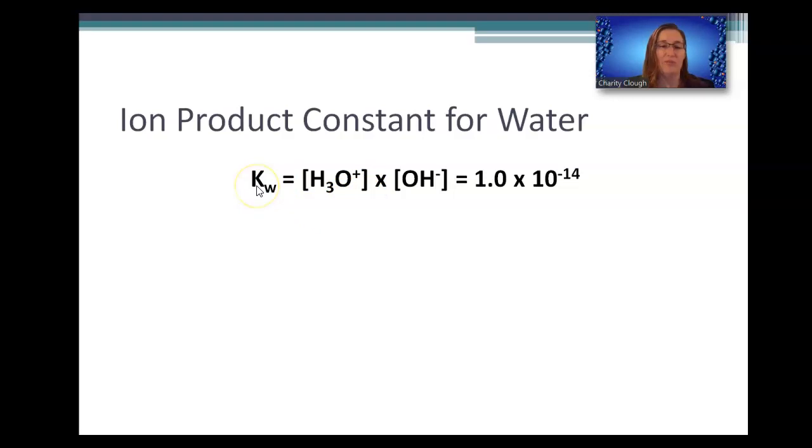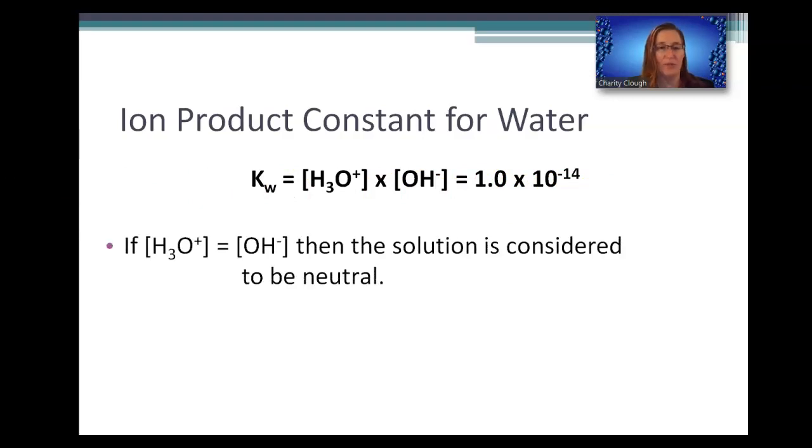So the equilibrium constant of water is the concentration of hydronium ions times hydroxide ions, and those two concentrations multiplied together always equal 1 times 10 to the negative 14th. Always, always. That's a really useful thing when we talk about acids. We can do a lot of calculations with that basic fact.